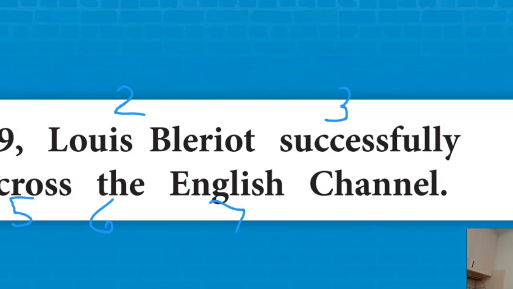All right, number 1 would be a preposition. Number 2 would be the subject. Number 3 would be an adverb. Number 4 is action verb. Number 5 is preposition. Number 6 is adjective. Number 7 is object of the preposition. That is how you would have identified those words.